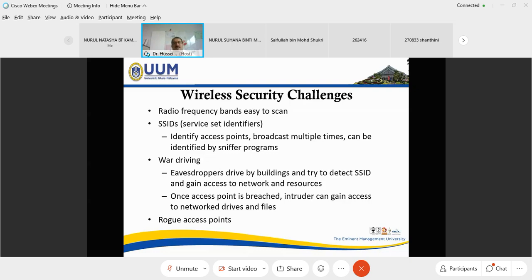So once the access point is breached, the intruder can gain access to network drives and files. I mean, they can go to the information stack. Yes, we call them intruders, they break in. They go where they are not authorized to go.